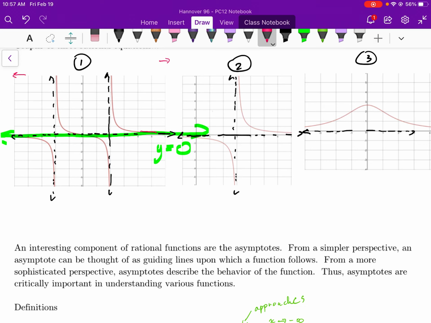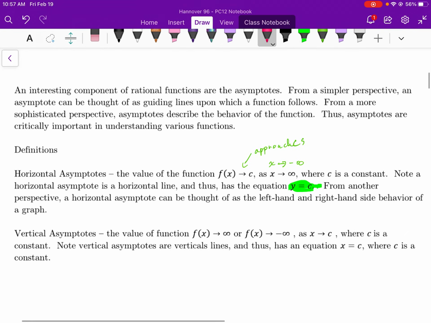As x gets infinitely large negative, the y value approaches 0. Then it gets really, really small. But will it ever be 0? No. It just approaches 0. So this is the beginning concept of a limit.